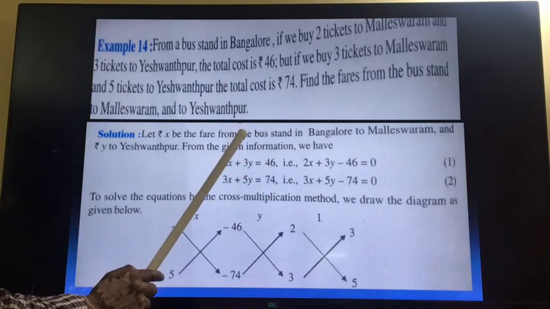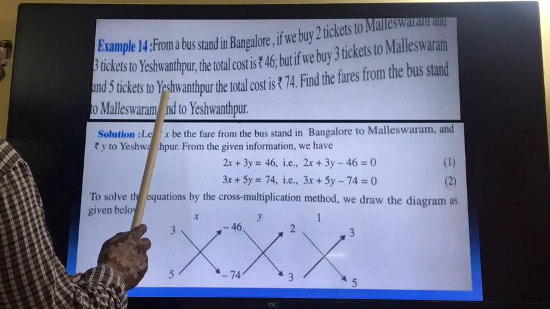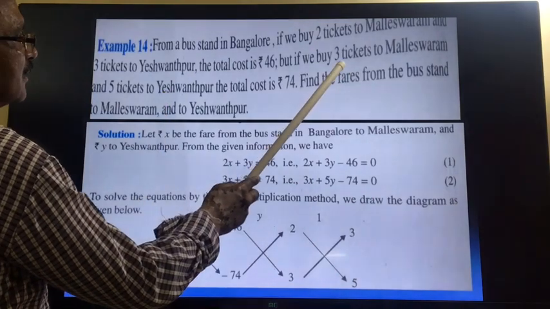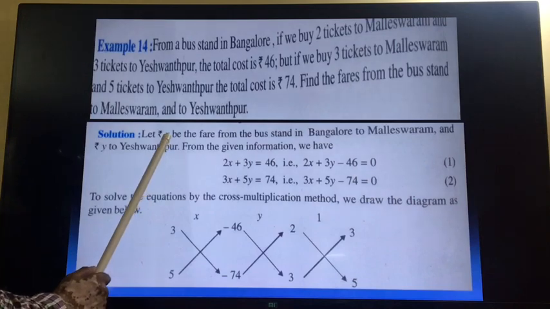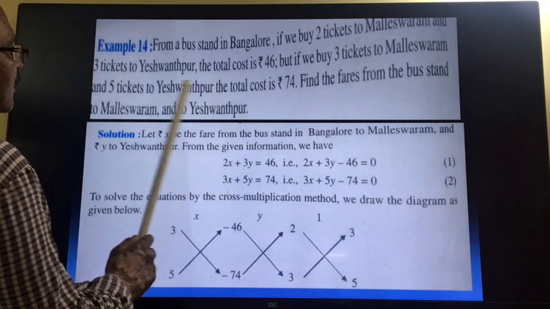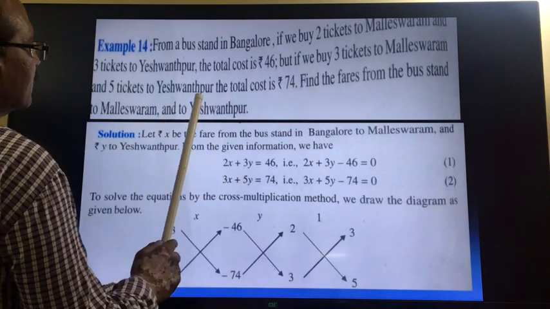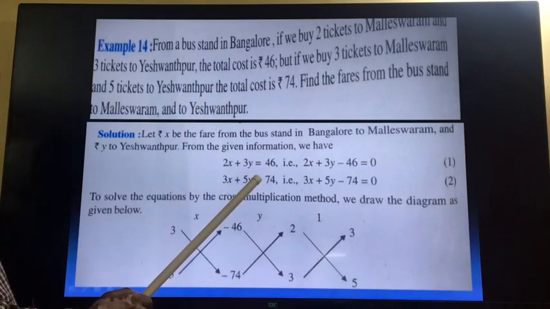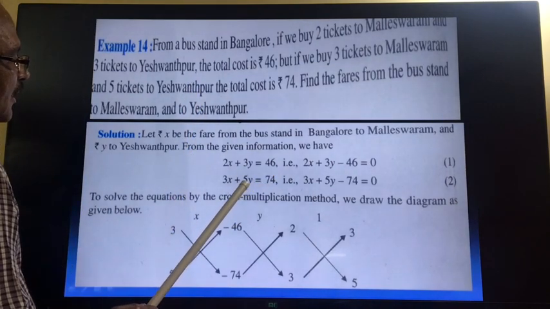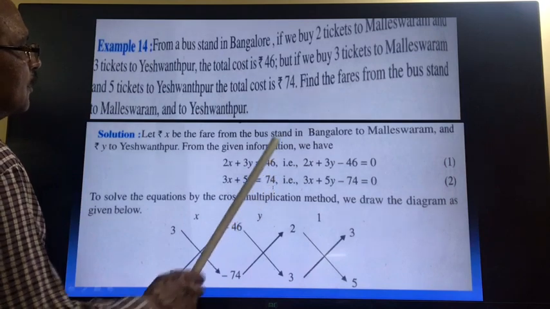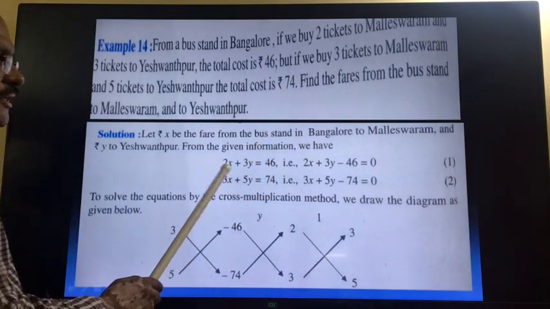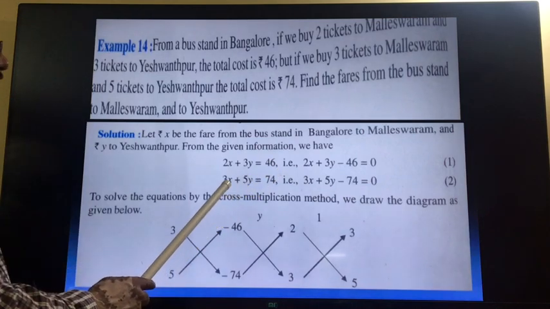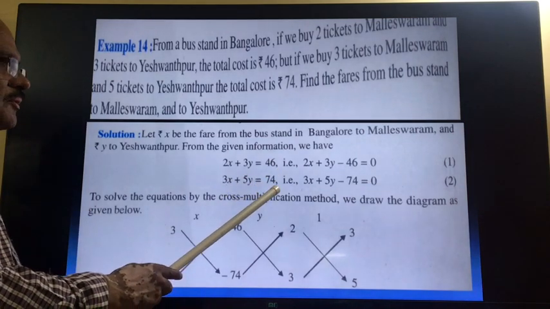For the second, three tickets to Malleshwaram cost 3x, and five tickets to Yeshwanthpuram cost 5y, and the total cost is 74. So the second equation is 3x plus 5y is equal to 74.